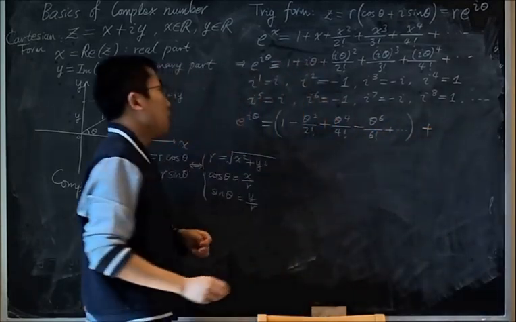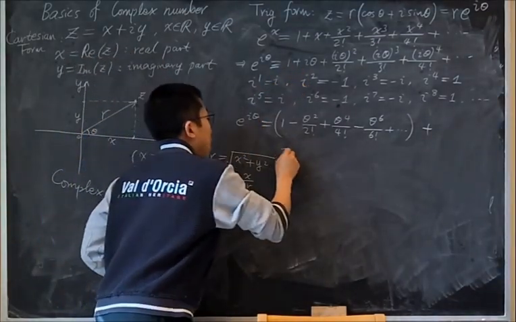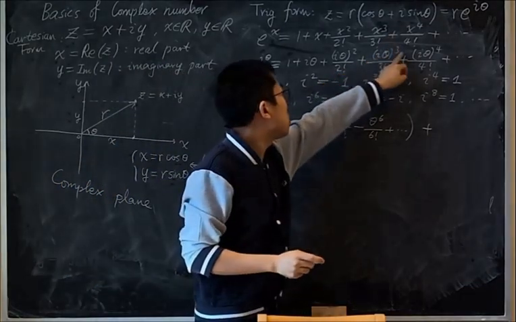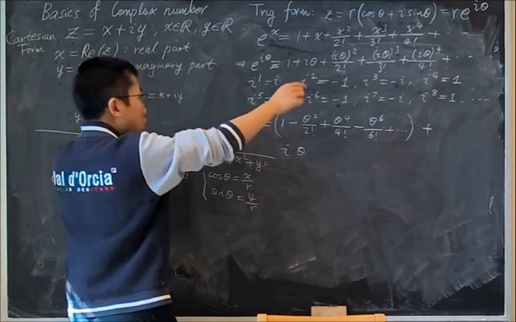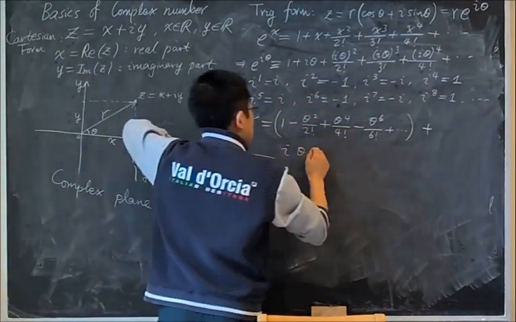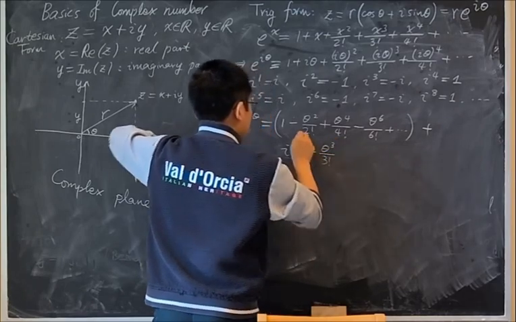Plus, now let's deal with the odd terms. This i theta is just i times theta. This i to the power of 3 is negative i. I'll just write this factor of i out of the whole thing, so I'll write negative theta to the 3 divided by factorial 3.